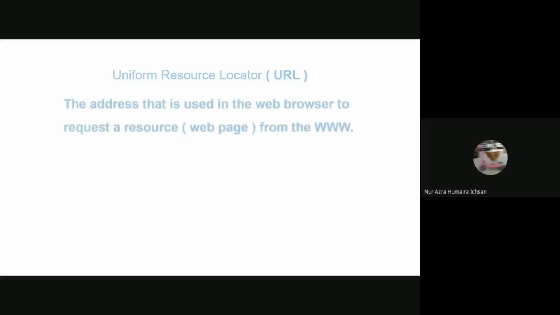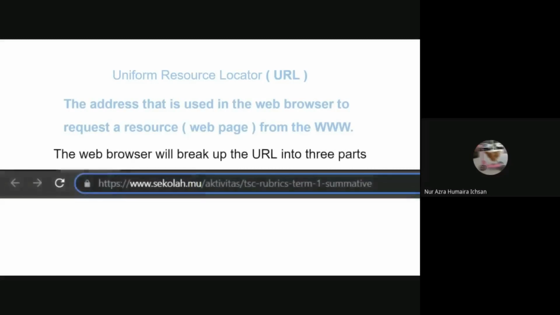Now moving on to the URL, which I believe people are familiar with. It is the address that is used in the web browser to request a resource web page from the World Wide Web. So you can check your address bar.